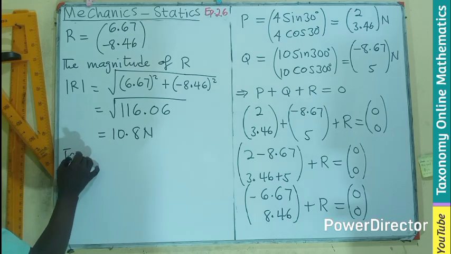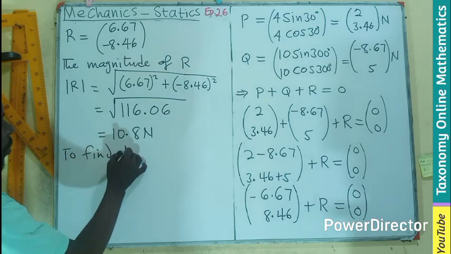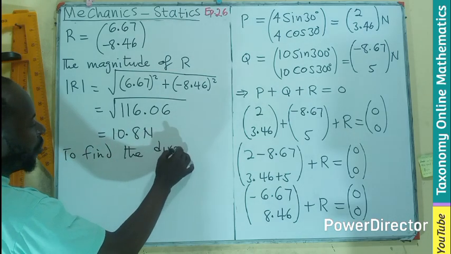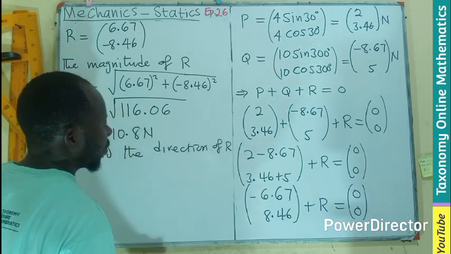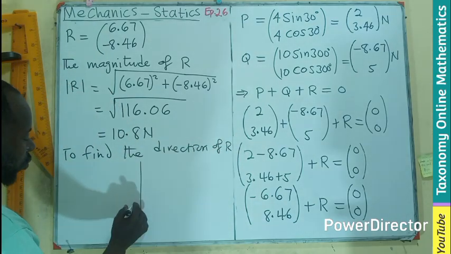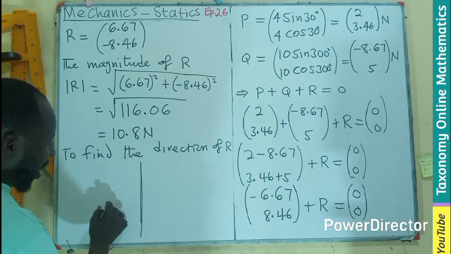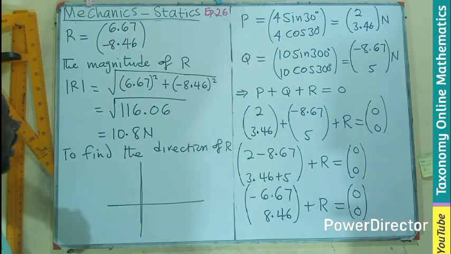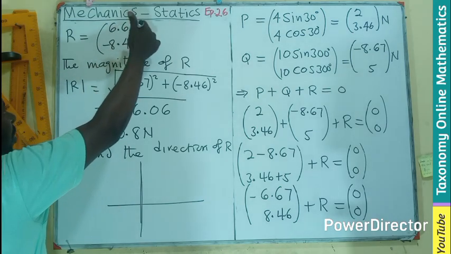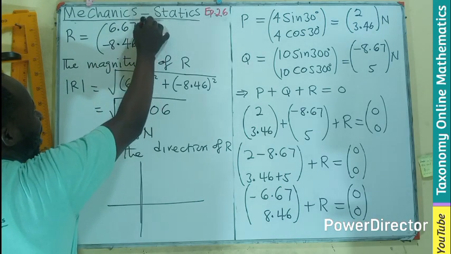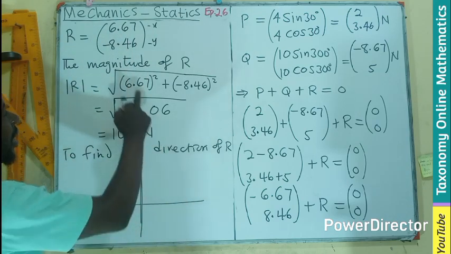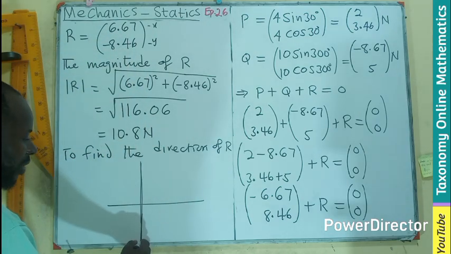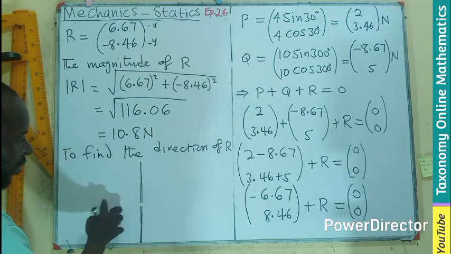To find the direction, or the bearing, of force R, we indicate this in our Cartesian plane and find the acute angle it forms with the x-axis. This is the x-axis and this is the y-axis. If x is positive, I'll be on this line. If y is negative, I'll be on this line.